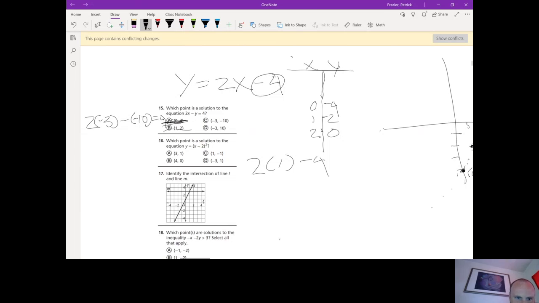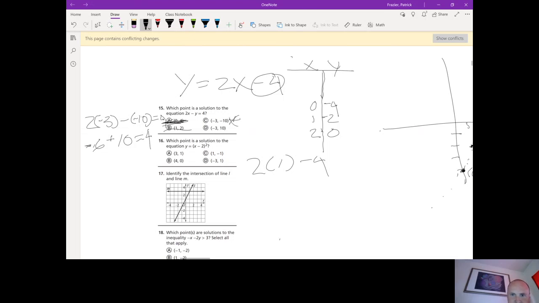Well, 2 times negative 3 is negative 6. And then negative 6 minus negative 10 is the same thing as plus 10. You could also think of that as negative 1 times negative 10, which is positive 10. And negative 6 plus 10 is the same thing as 10 minus 6, which is 4.